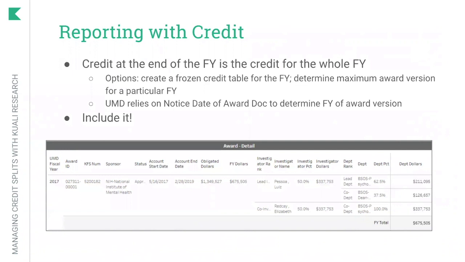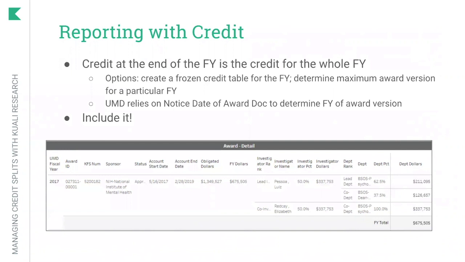So in our data warehouse, or in our data tables, there is a version of this award for 2017. There may be more than one. In this one, I happen to know that there are a couple. We use the max award version. Let's say it's version number 5. This 50% credit split is the maximum version, and this is what we applied.